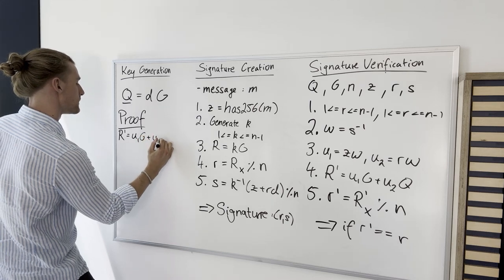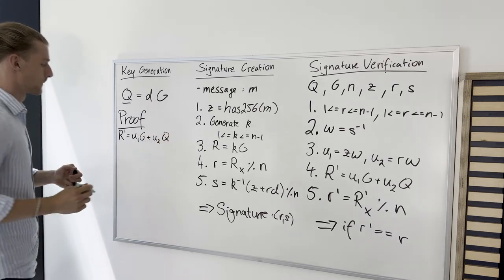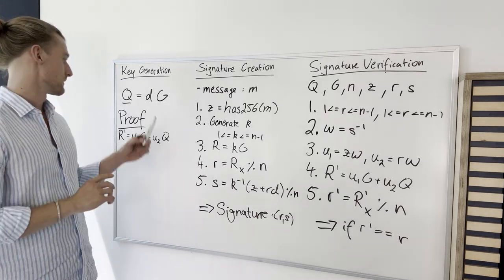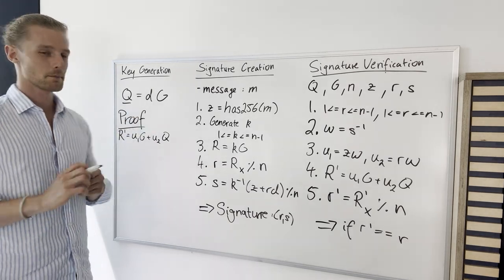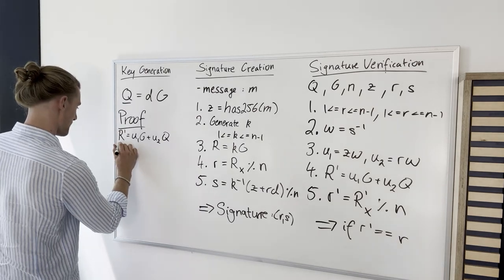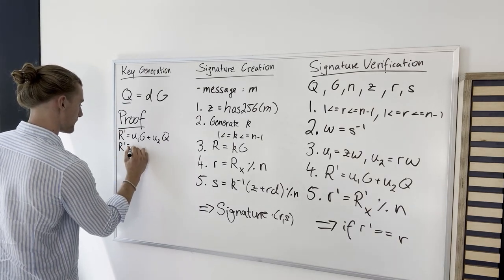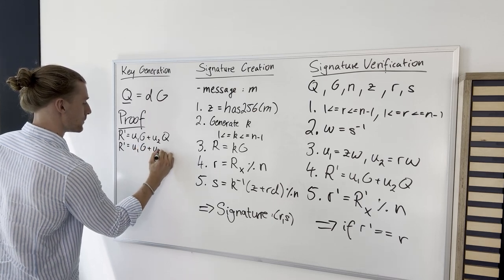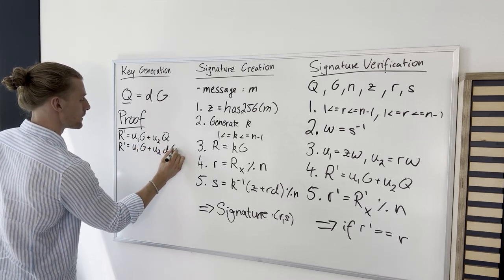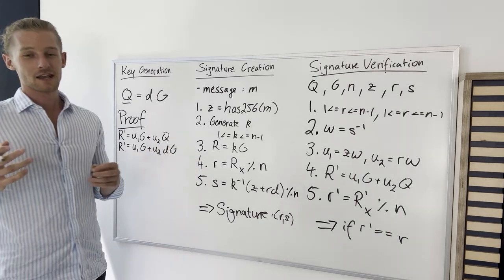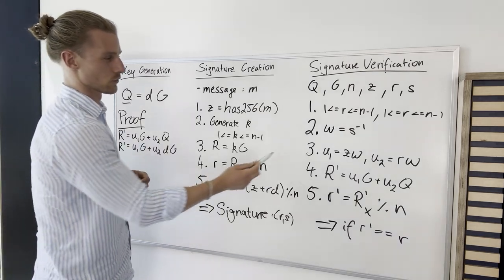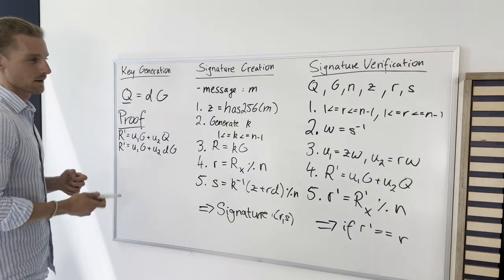U1G plus U2Q. Now remember that Q is just equal to D multiplied by G. So we can rewrite this as R apostrophe is equal to U1G plus U2DG. Now, what we can also do is replace U1 and U2 with the formulas that we had up here.